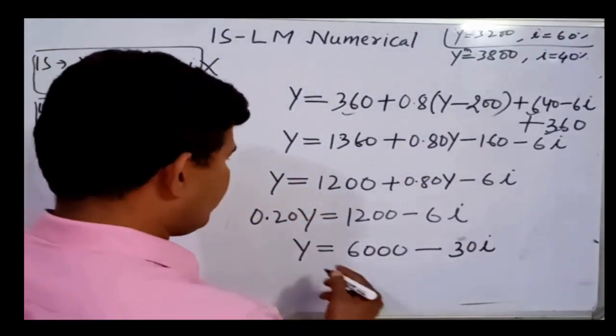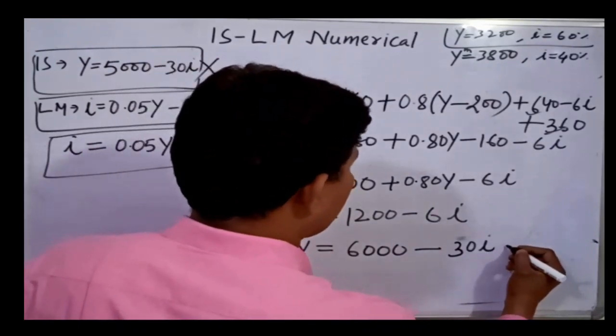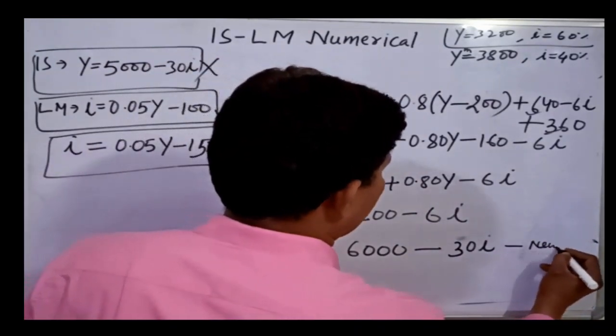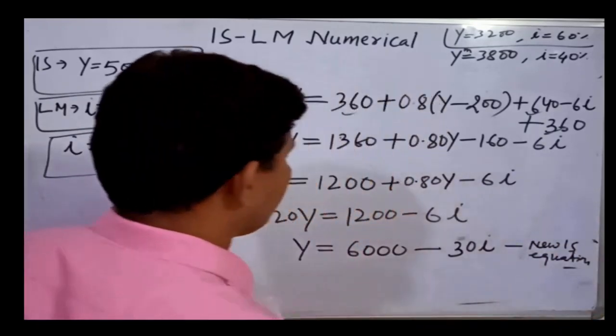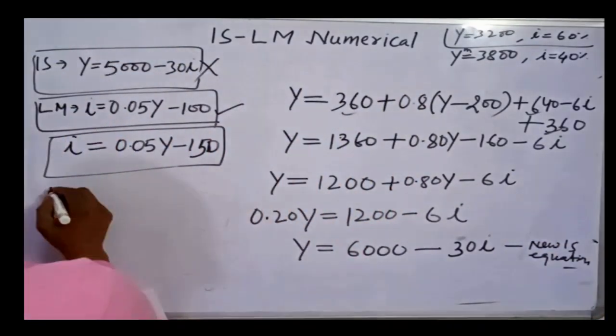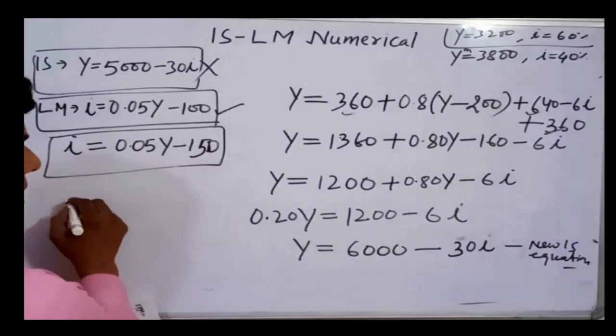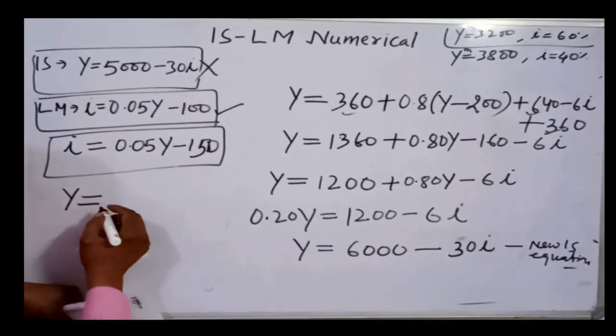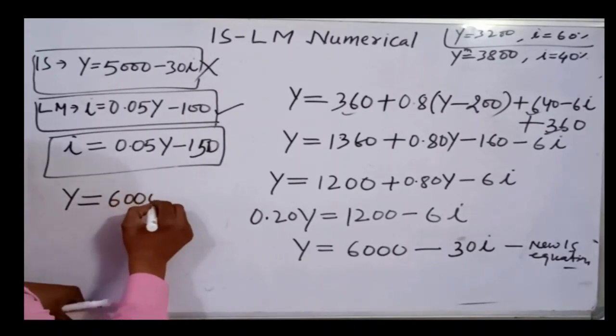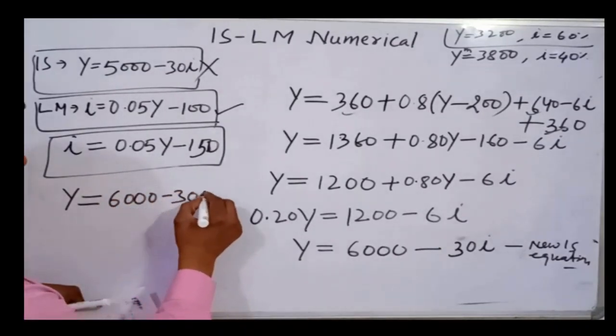So this is your new IS equation. I'm writing this new IS equation as Y is equal to 6000 minus 30i, right?